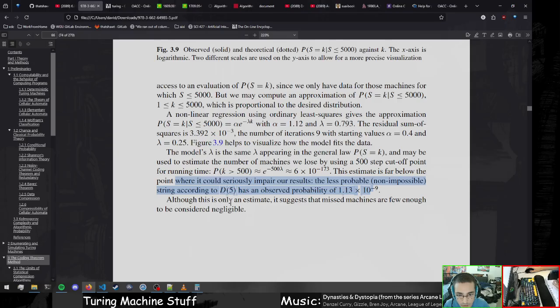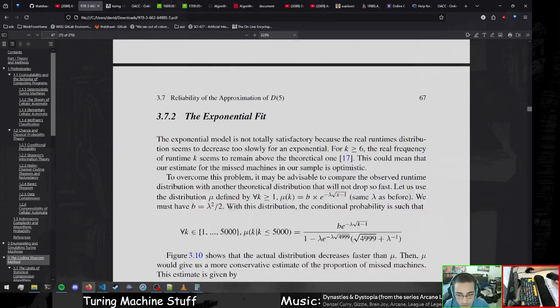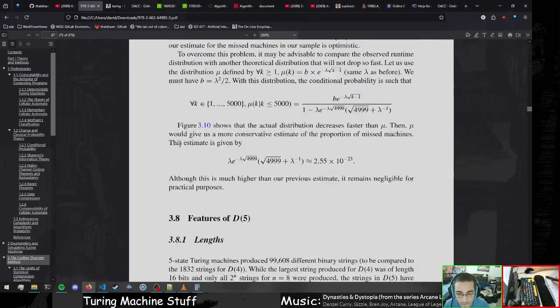Huh. Okay. This is much higher than our previous estimates. Is that true?